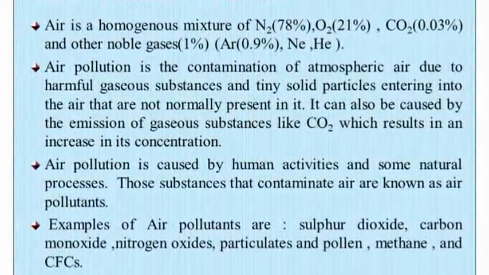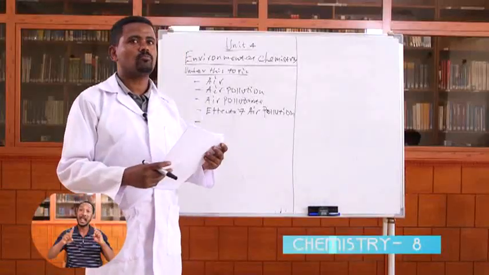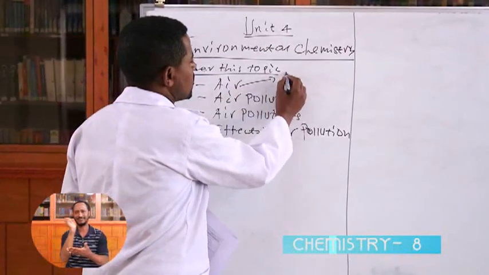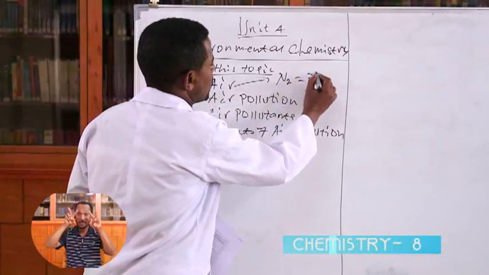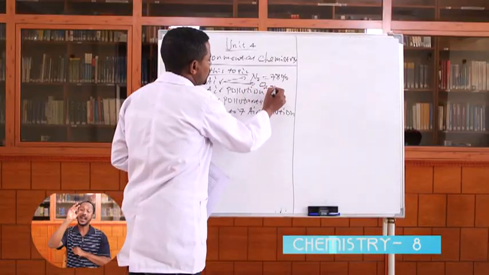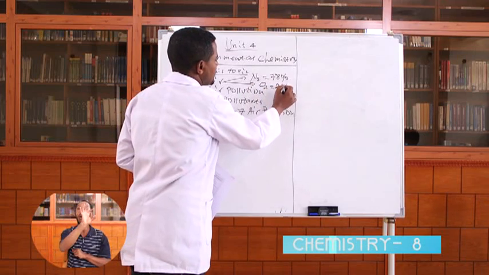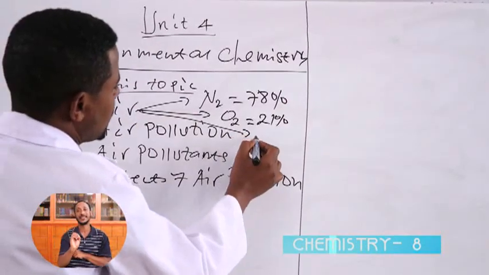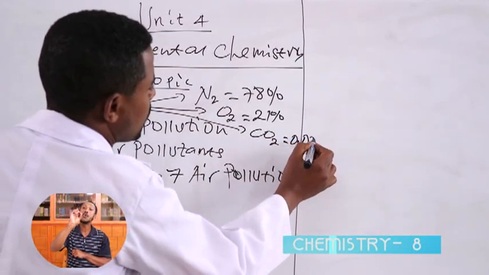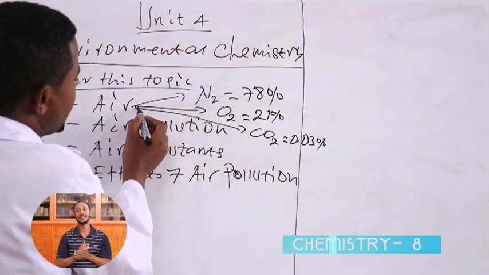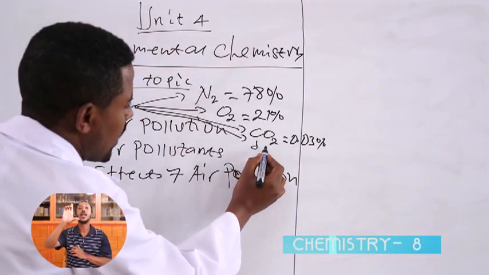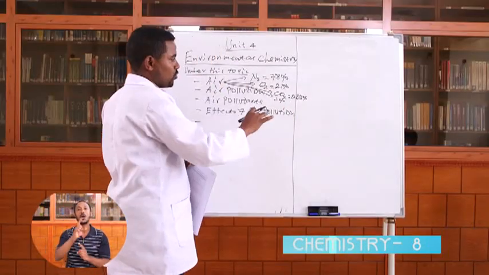These different gases are nitrogen, which contains 78%, oxygen, which contains 21%, carbon dioxide, which contains 0.03%, and other noble gases, which contain 1% by volume.